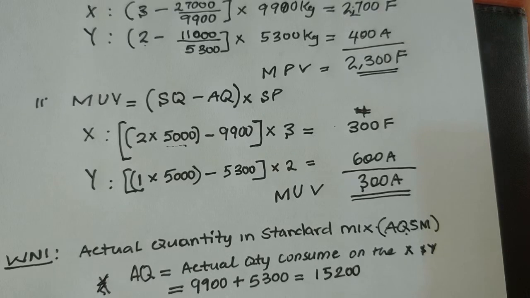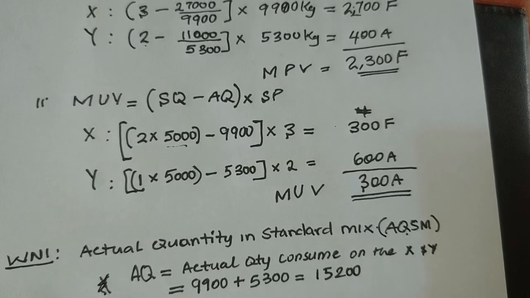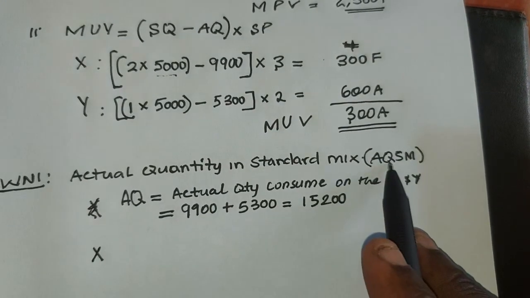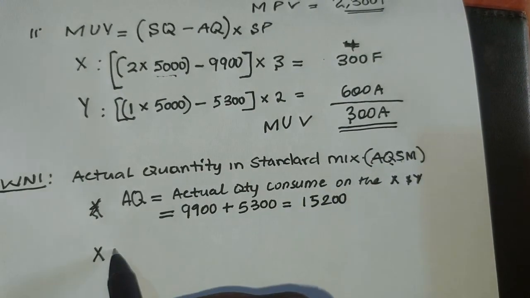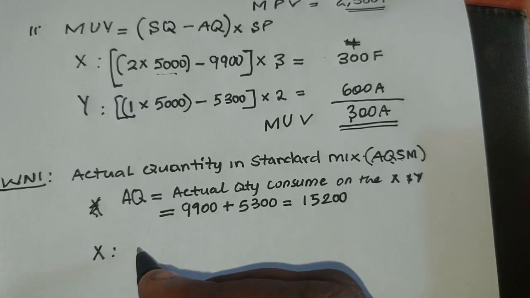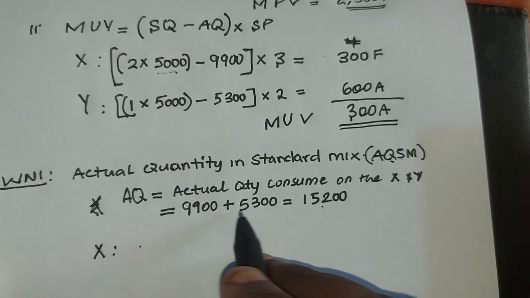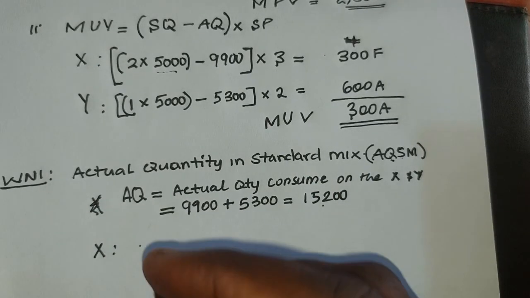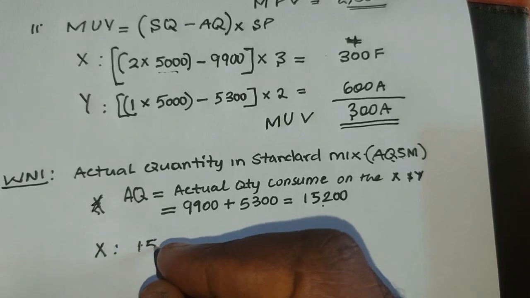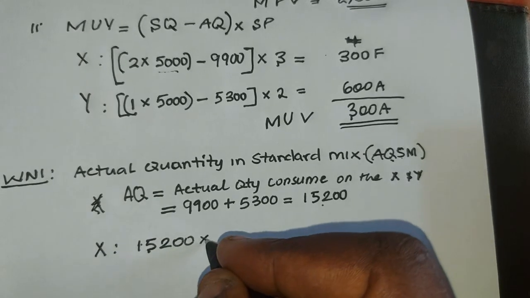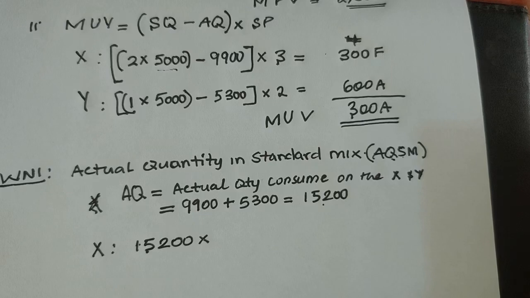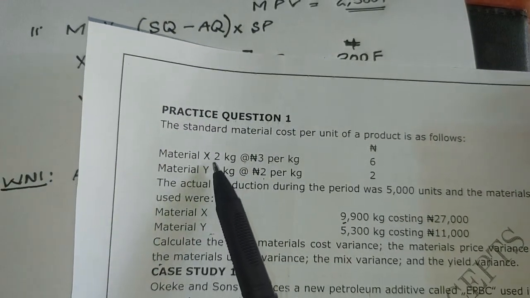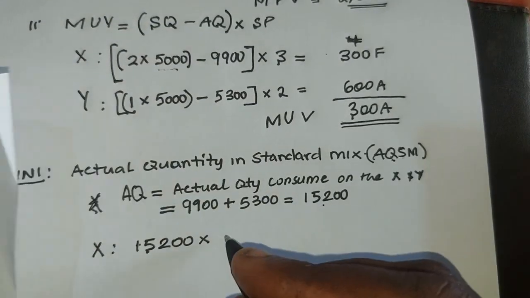So don't forget, let's now calculate our AQSM. So our AQSM for X will now be actual quantity. Don't forget, of the two materials, if there are 3, you add the 3 together. So we have 15,200 in standard mix of X. So what is the standard quantity of X? The standard quantity of X is 2, that is ratio 2.